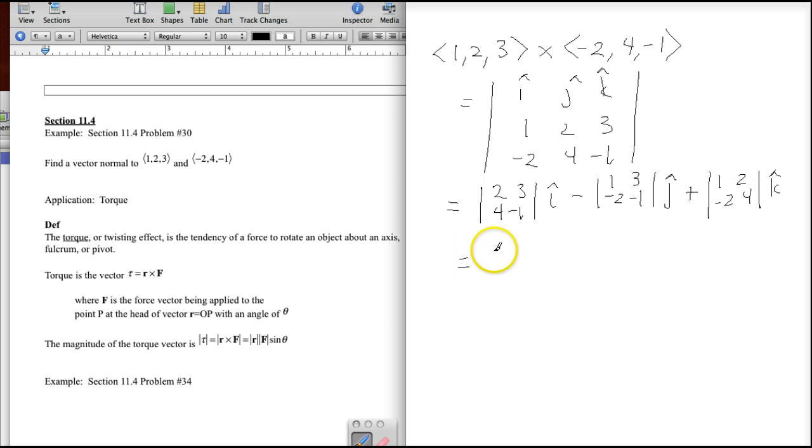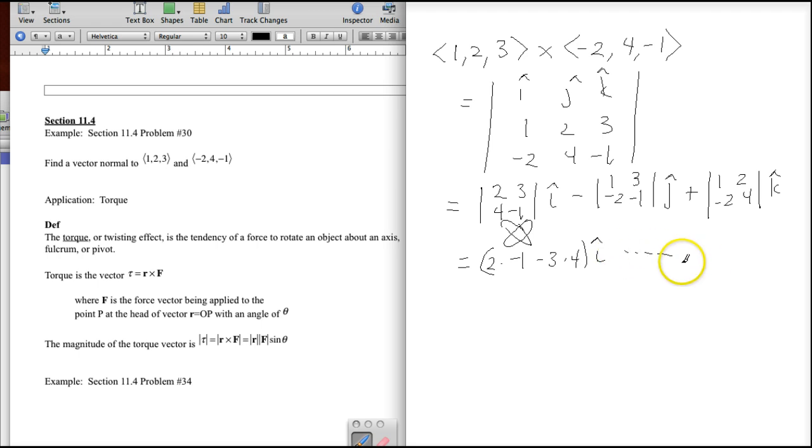Okay, and now we just remember to do the 2x2 determinant by using this crossing kind of thing, right? So we're going to do 2 times negative 1 minus 3 times 4, and that'll be what we have for i. And then we'll do the same thing for j and for k, right?